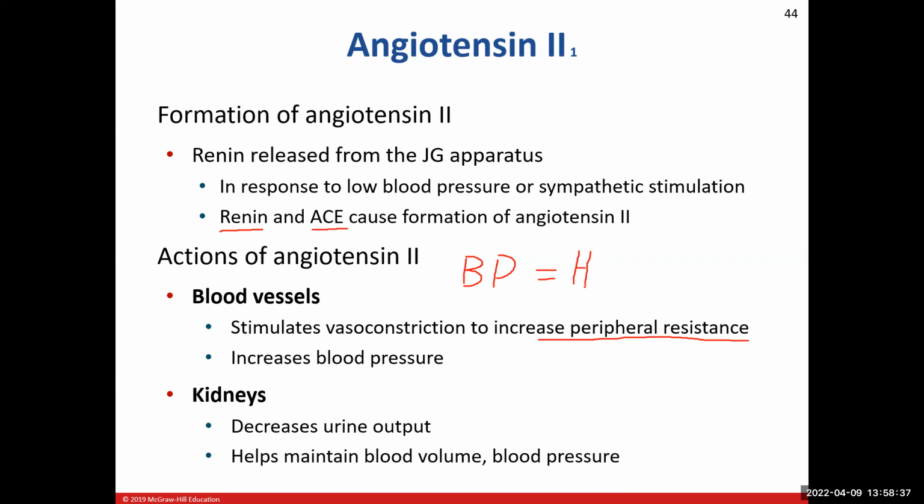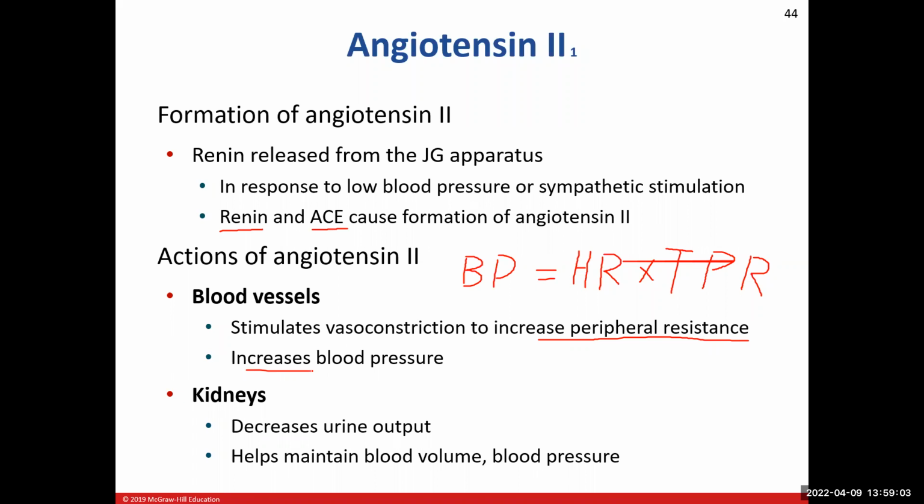Blood pressure is equal to the heart rate times what we call TPR, which is total peripheral resistance. I know it's taken me a minute here to write this out, right? So we're going to increase our total peripheral resistance, thereby increasing our blood pressure.